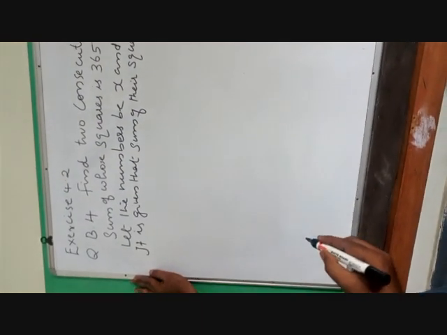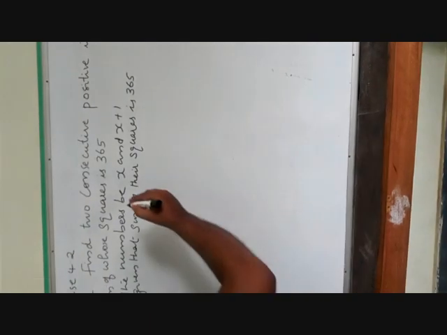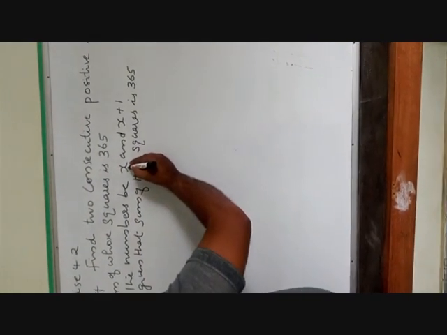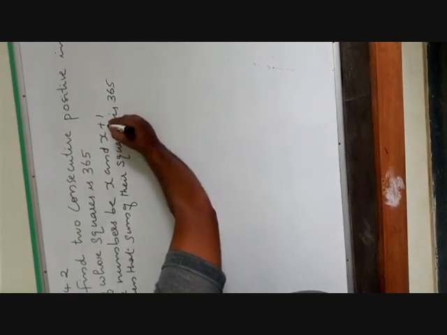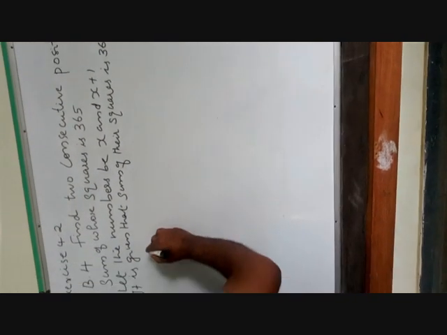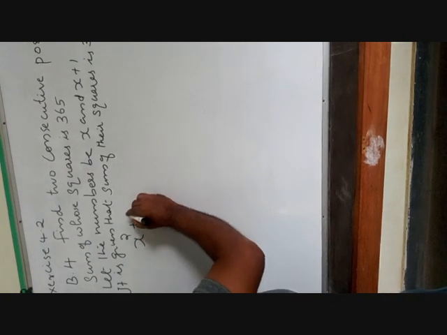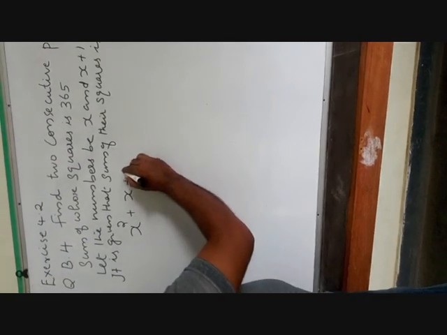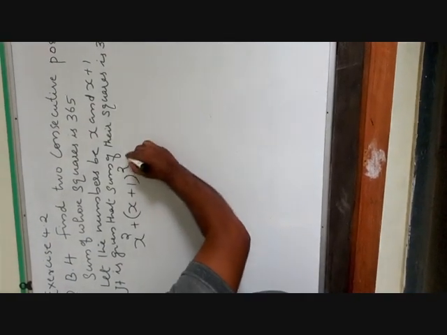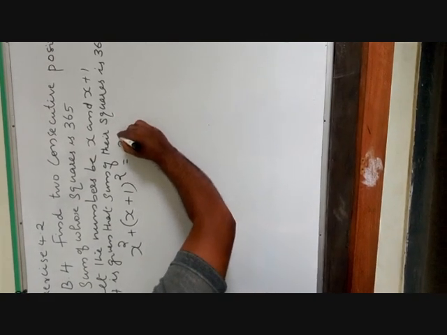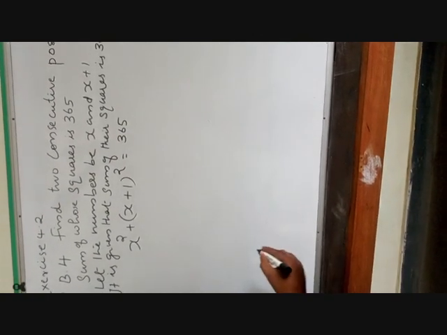Sum of the squares means the square of first number plus square of the second number. Therefore, we can write the first number is x square plus x plus 1, the whole square, is equal to 365.